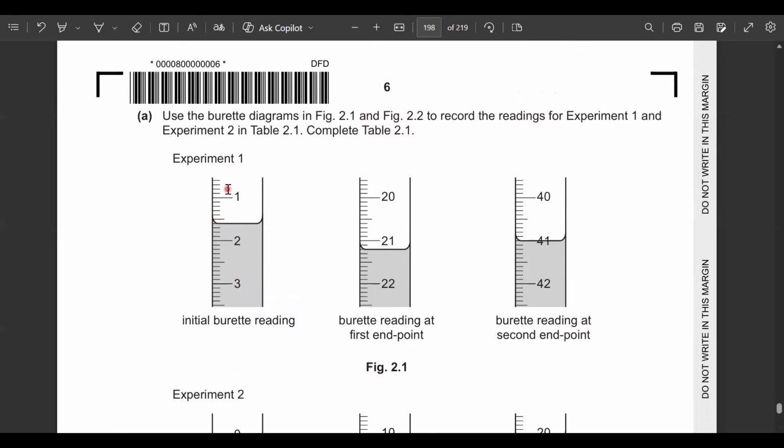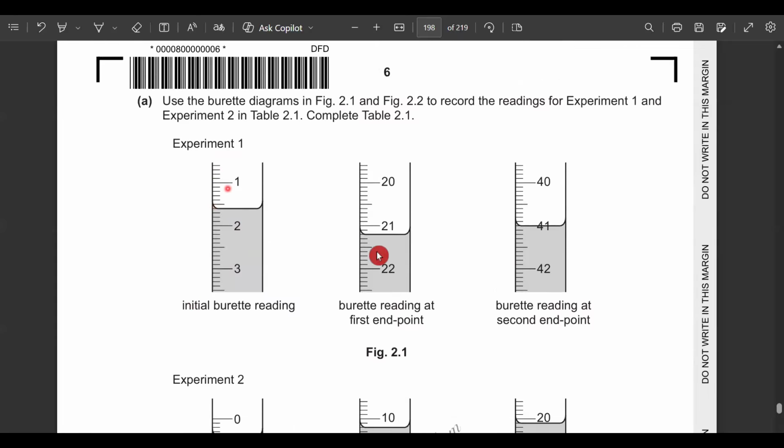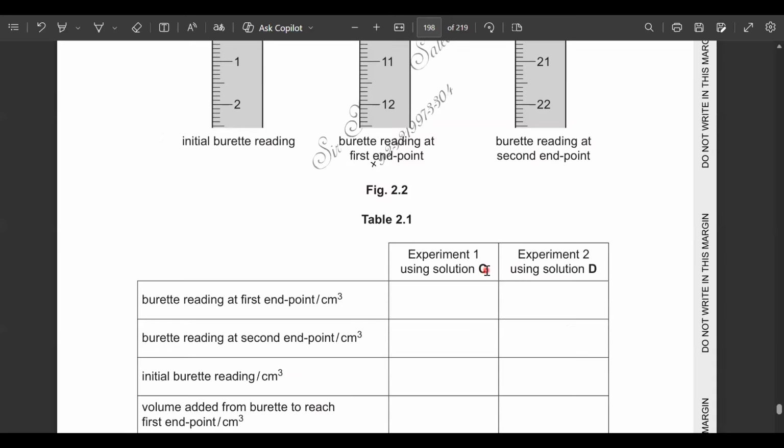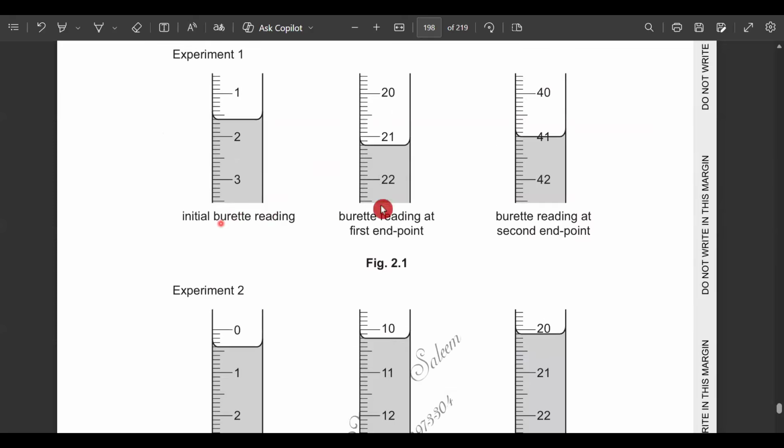For experiment 1, the experiment is done with the solution C, the sodium hydroxide. There are three types of diagrams, one with the initial burette reading, the other belonging to the first endpoint, and the third belonging to the second endpoint.